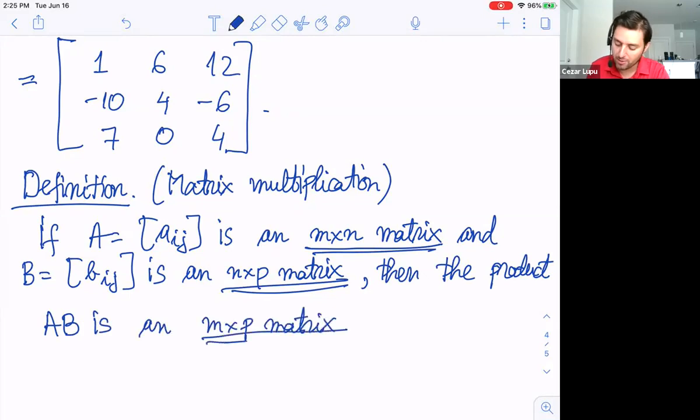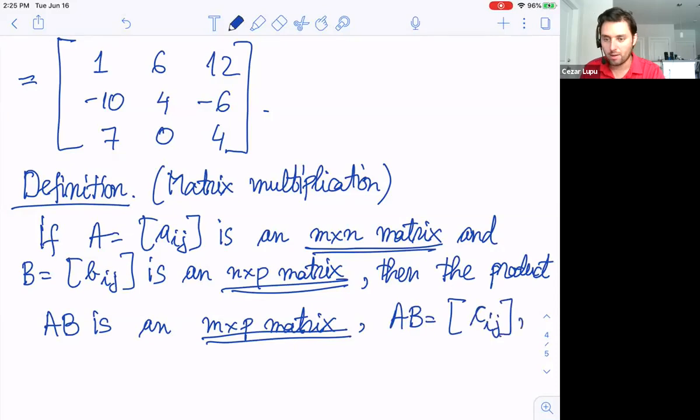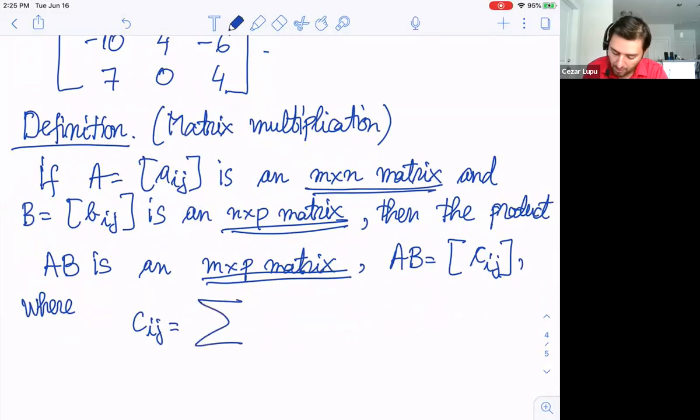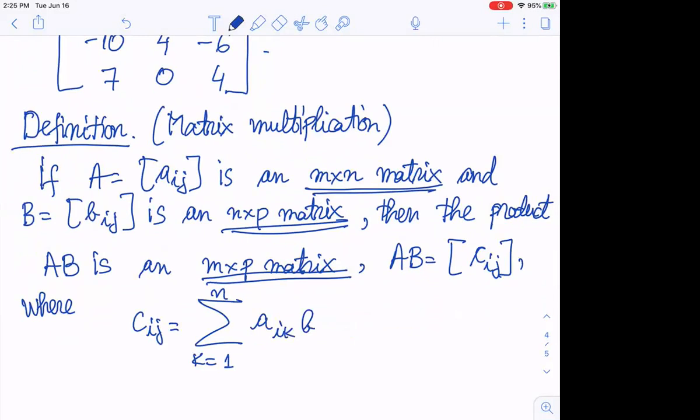So now you can imagine under what conditions we can multiply two matrices, where AB will have these entries Cij, and pay attention here, where these entries will be nothing else than just this, the sum from k equals 1 to n of a_ik times b_kj, right?